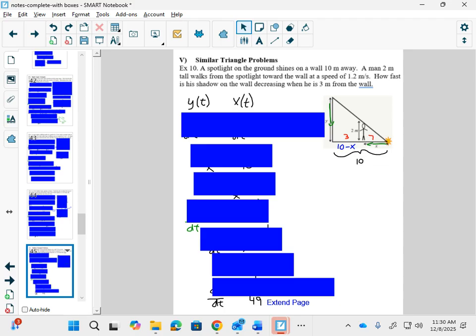Okay? This is my general one. I'm going to just redraw it down here with my specific situation. Oops, I labeled them wrong.